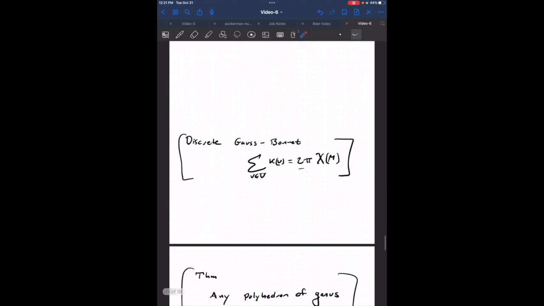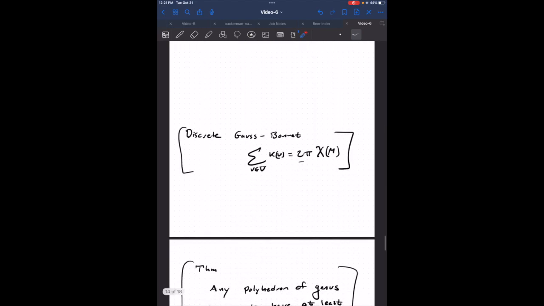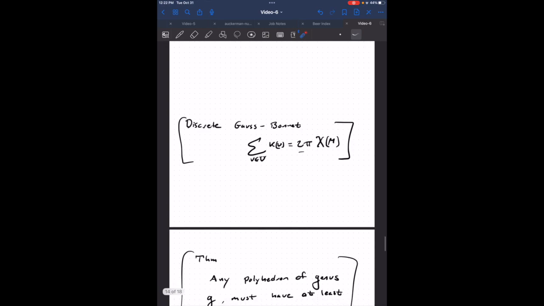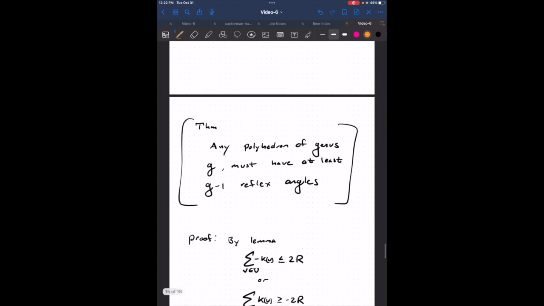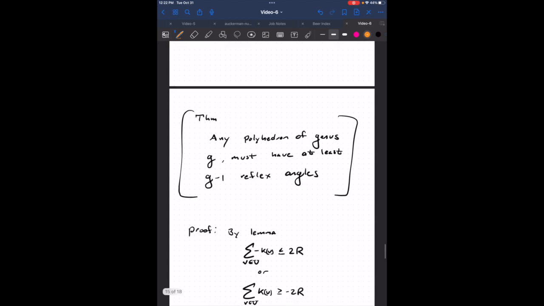So we're going to appeal to the Gauss-Bonnet theorem. Again, we did this scaling, so there's not going to be this 2 pi. I think we just divided everything by 2 pi in this version of the Gauss-Bonnet theorem. And we want to prove that any polyhedron of genus G must have at least G minus 1 reflex angles.